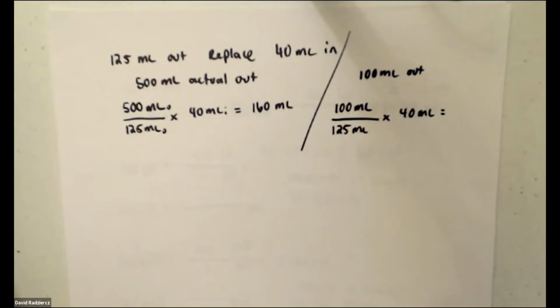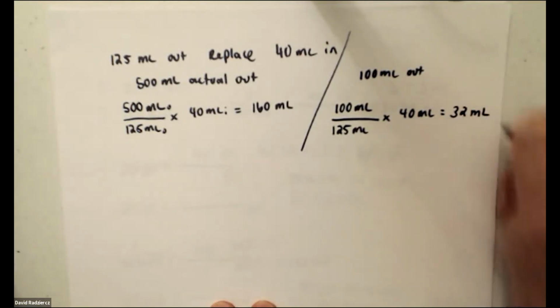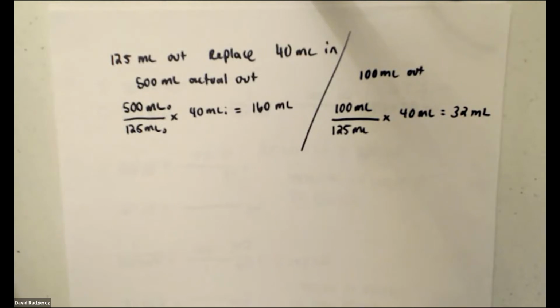And if you do that, 100 times 40 divided by 125 will give you 32 milliliters of replacement volume.